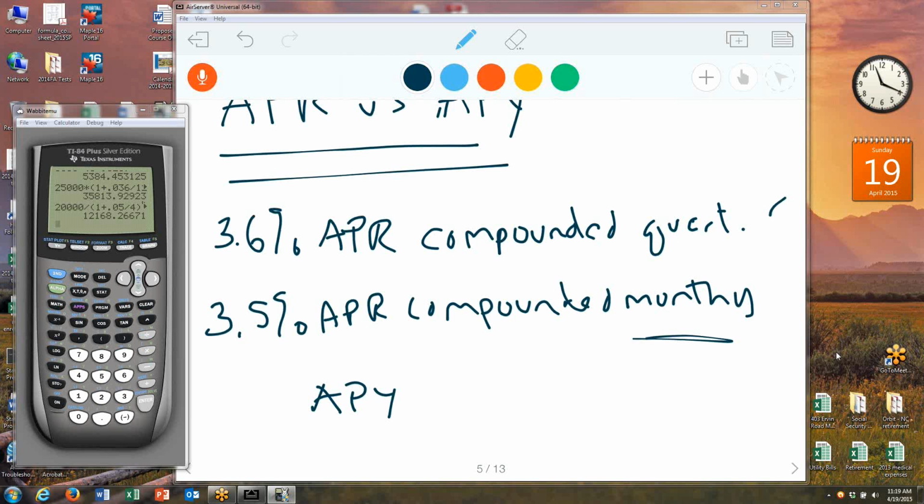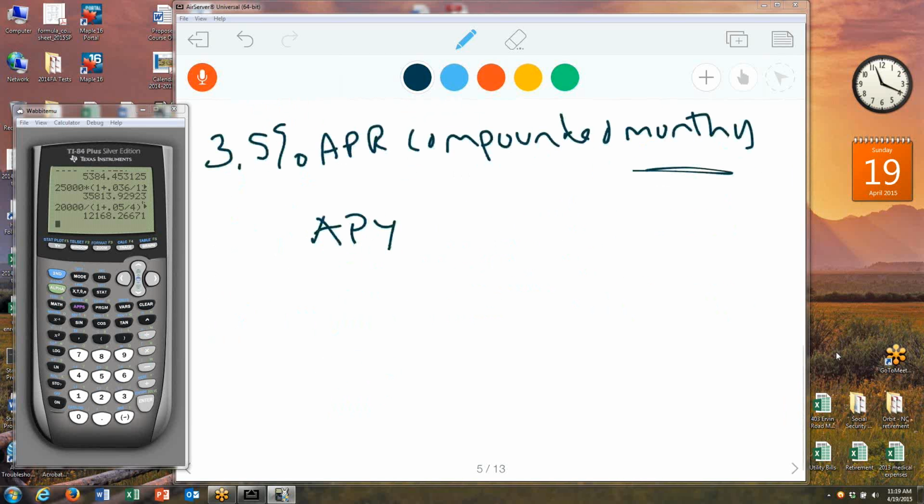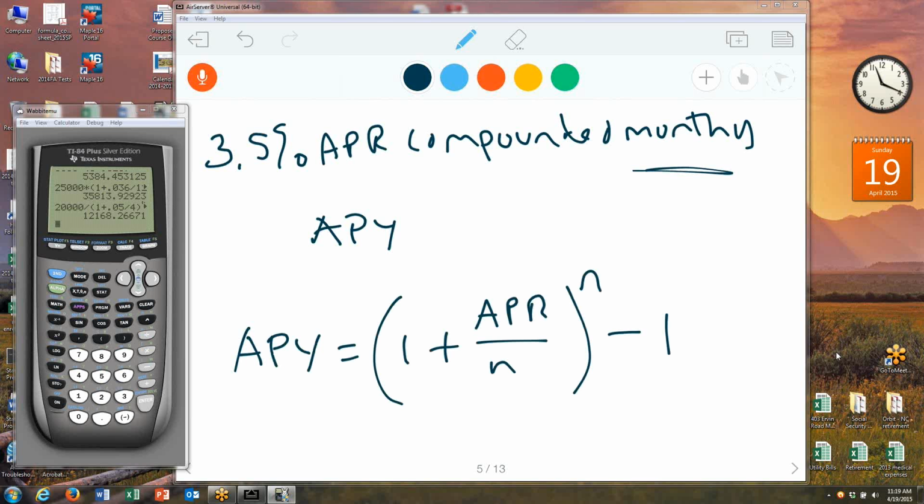And the formula is this: the APY is equal to 1 plus the APR divided by n, where n is the number of compoundings, so the n that you're dividing by and the exponent n are the same, minus 1.